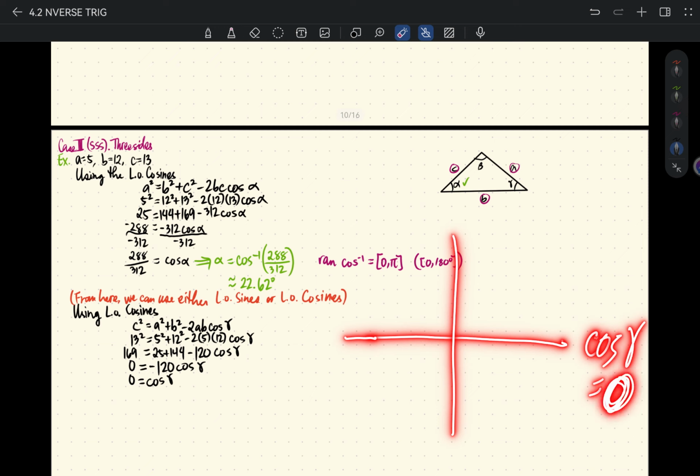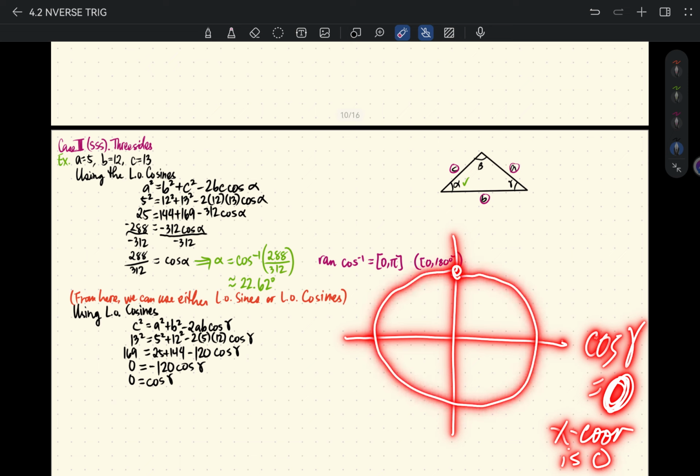That means that the x-coordinate is 0. So if you're looking at the unit circle, we are talking about this one right here, which has an angle of 90 degrees, and this one right here, which has an angle of 270 degrees.